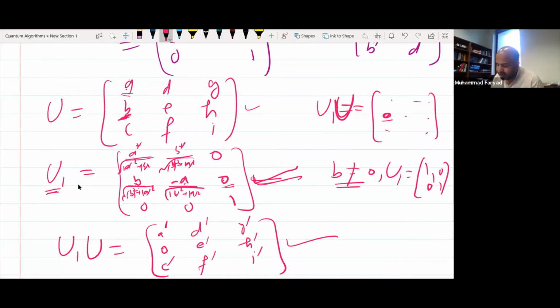So this has a normalized row because the square root of A mod square plus B mod square will be cancelled by A mod square plus B mod square.